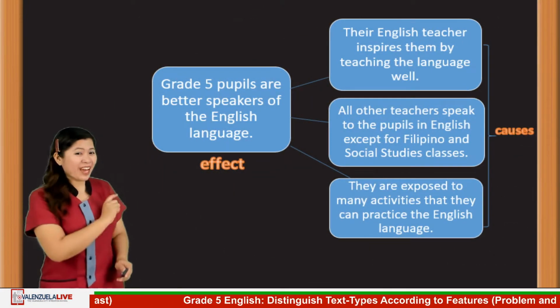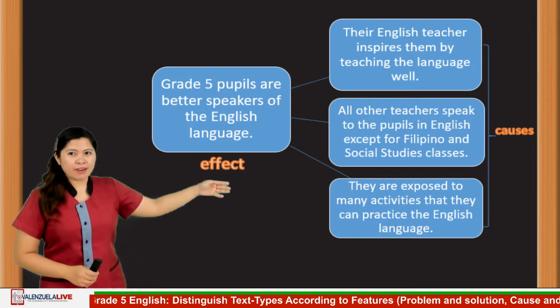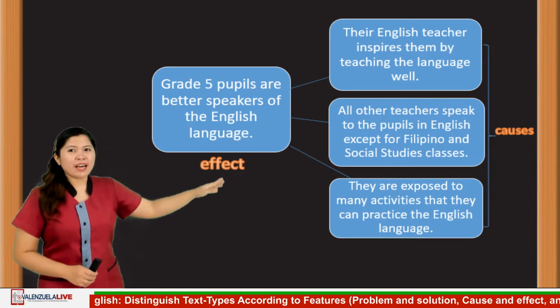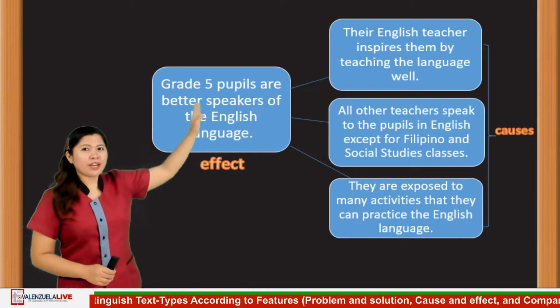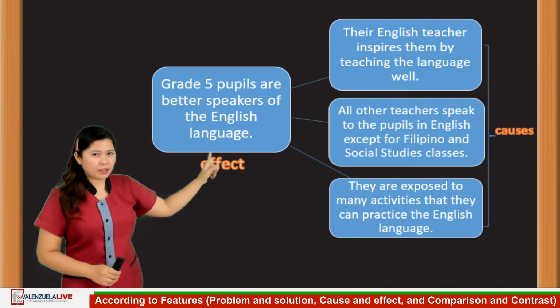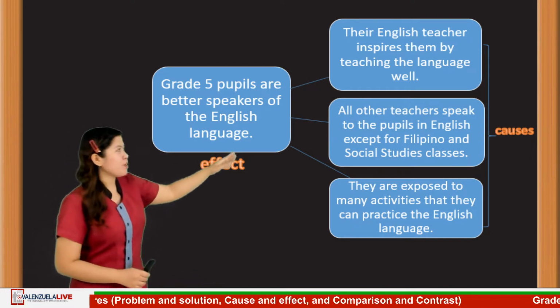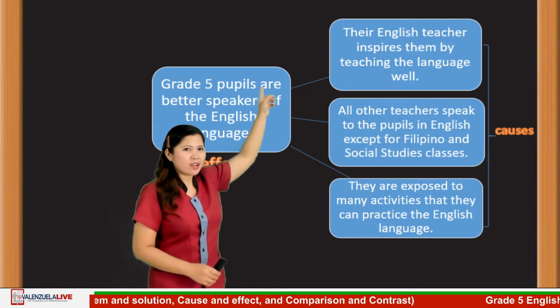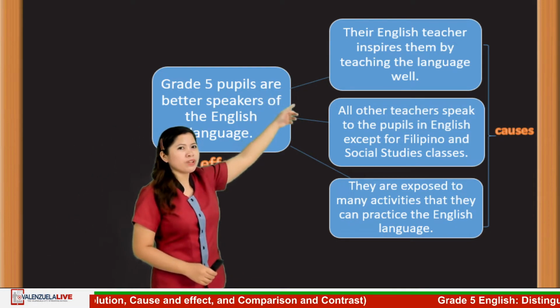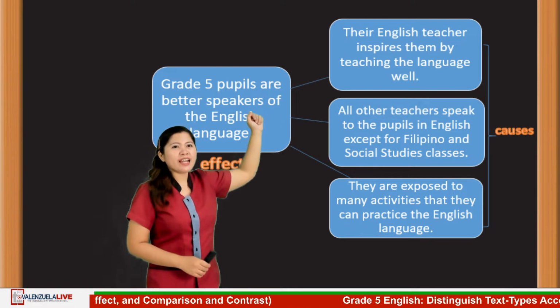Great, let us check. So we have here our box for the effect. So the effect is the result. Grade 5 pupils are better speakers of the English language. And what caused this result? So we have here our causes. So we have the first one, which is their English teacher inspires them by teaching the language well.